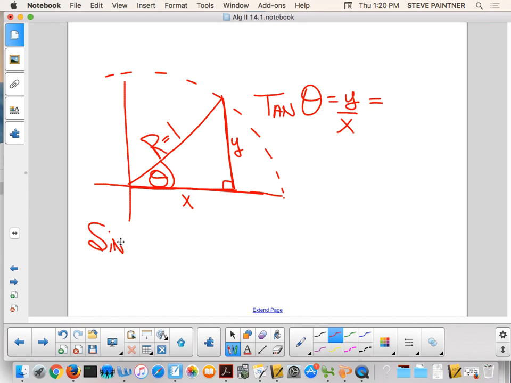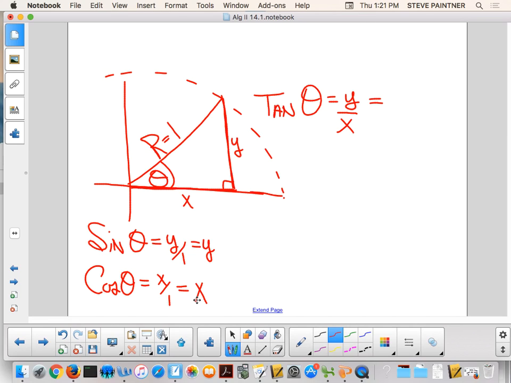You also know this. Sine of theta equals, look at the picture. What does sine equal? Y over R. Okay, but R is 1. What's y over 1? Y. Oh, sine of theta in the unit circle is just y. What's cosine of theta? X over 1, which is just what? Oh, really?